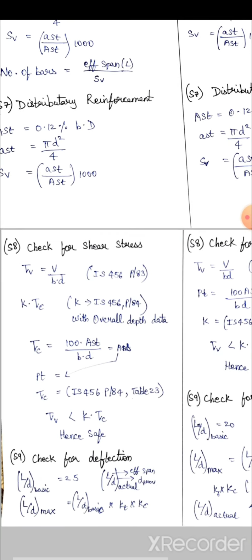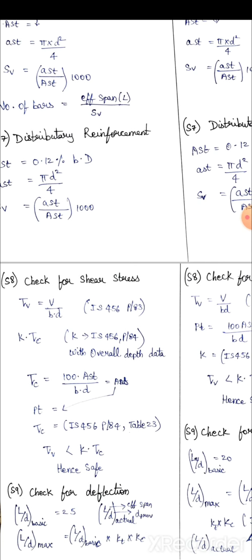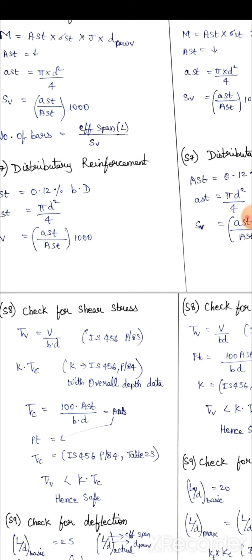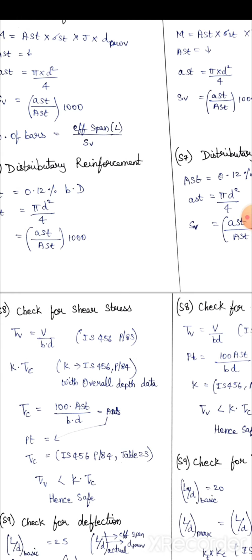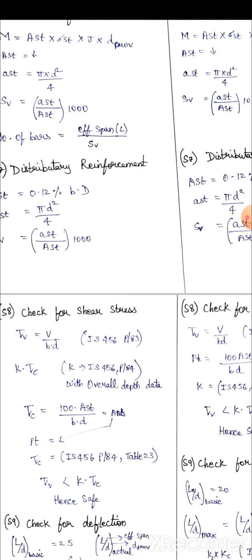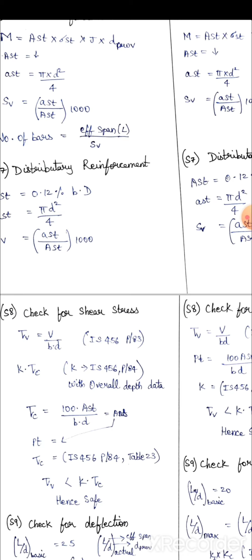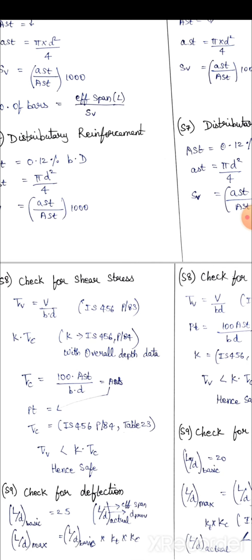Next comes check for deflection. L by D basic equal to 25. Always L by D basic is 25, and L by D actual you must find by calculating effective span by depth provided, whatever value you have got. Next, the formula for L by D maximum is L by D basic into KT into KC.